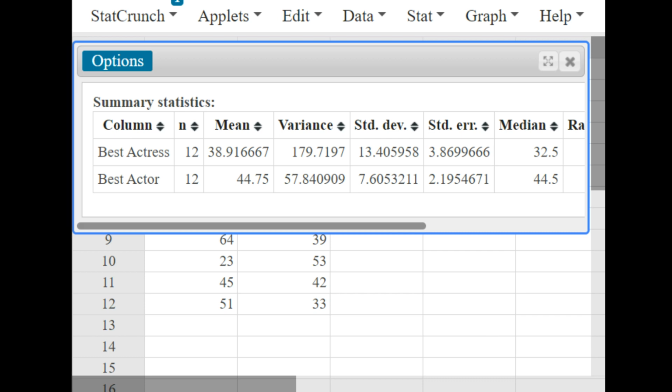Then the sample standard deviation for the first column is 13.405958, and the sample standard deviation for the second column, the y values, is 7.6053211. All right, super.